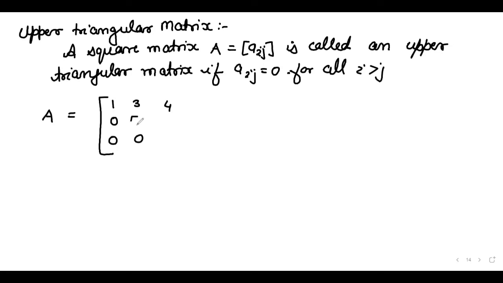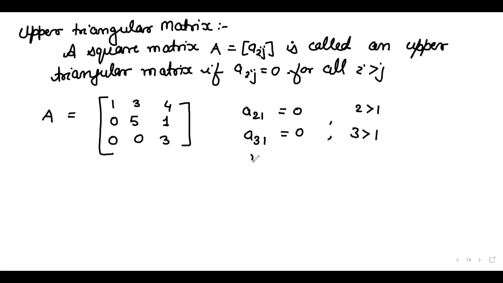So here, at the a21 position, you can see 2 is greater than 1, then it is 0. Then at the a31 position, here also it is 0 because 3 is greater than 1. Then at the a32 position, it is also 0 where 3 is greater than 2.